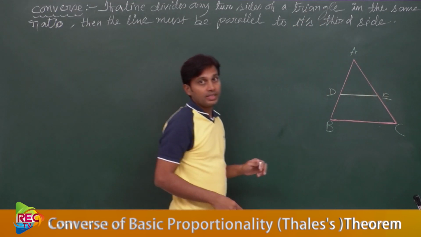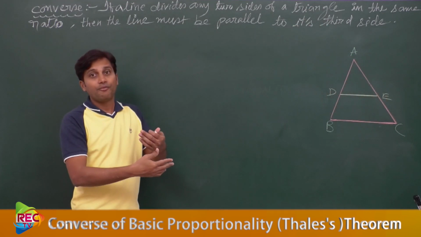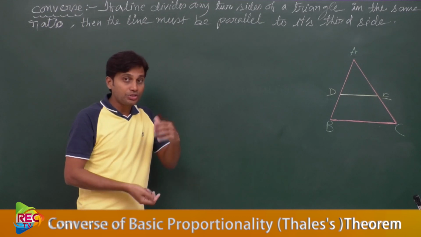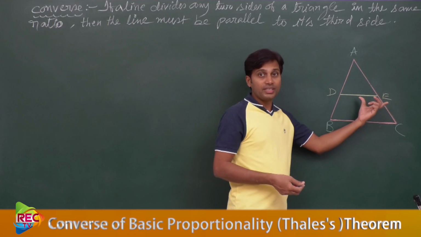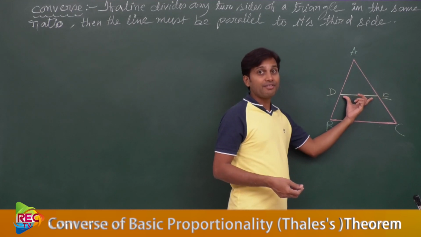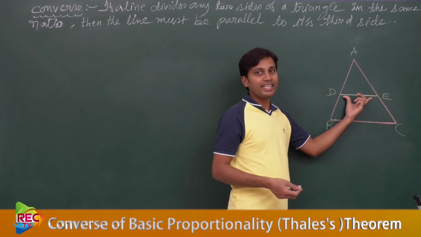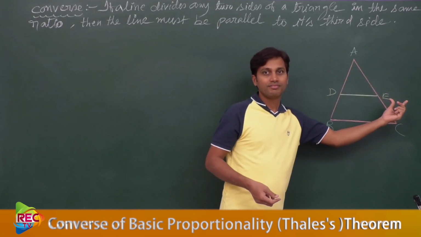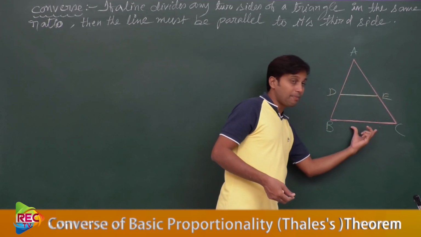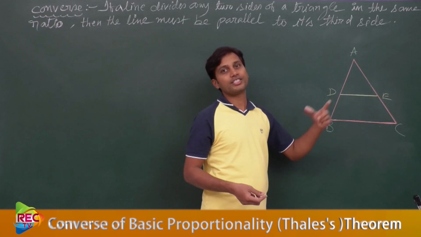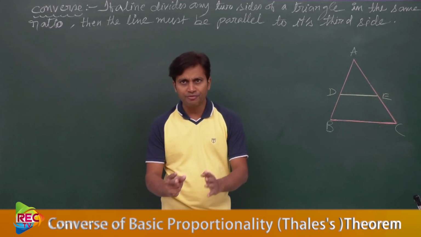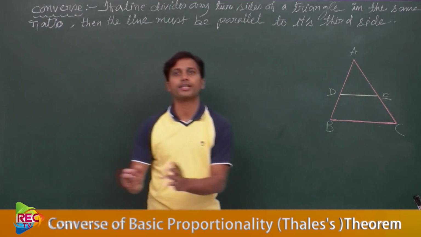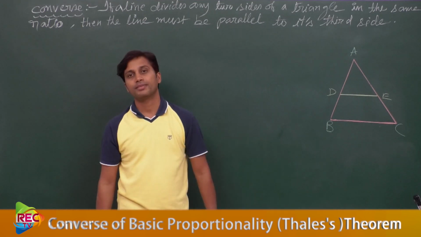Now in reverse, we take the result: if the ratios of the sides divided by a line in a triangle are equal, then that line will be parallel to the third side. Understood? The same theorem in reverse order is the converse part.